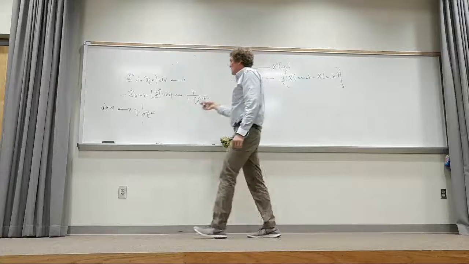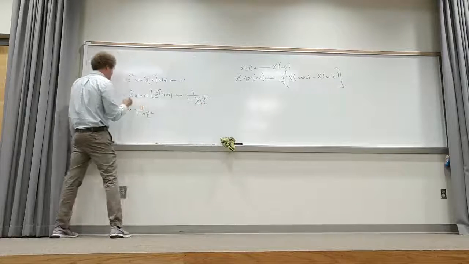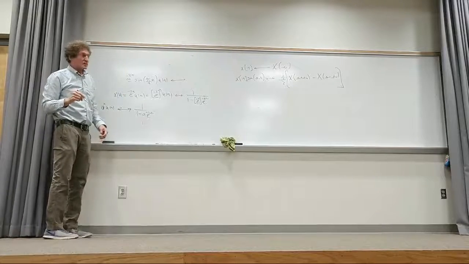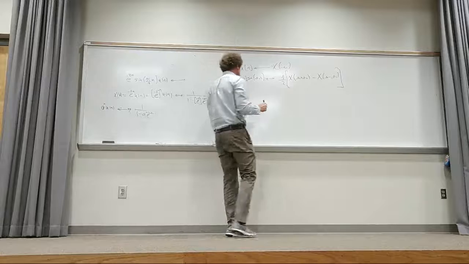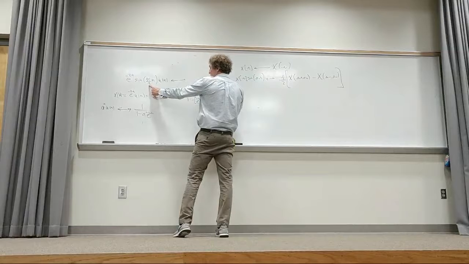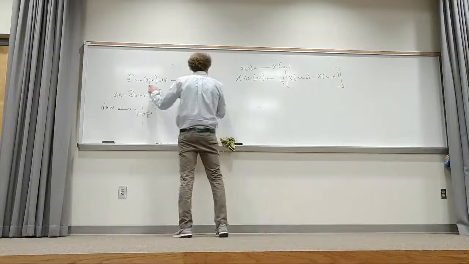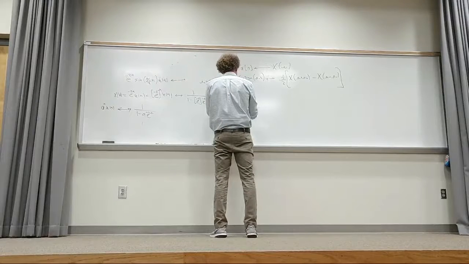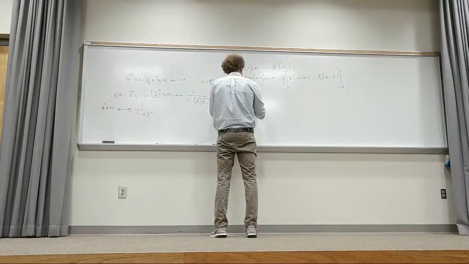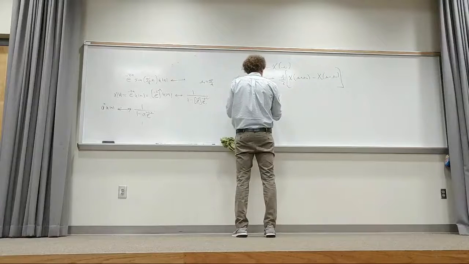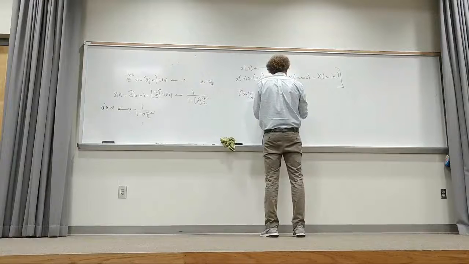Here, your x of n is this. Think of it like that, in that relationship. So if I'm going to have this thing multiplied by the sine of omega naught, by inspection, omega naught is pi over 4. So if I have e to the minus 2n times the sine of pi over 4 n times u of n, I can say it's j over 2.